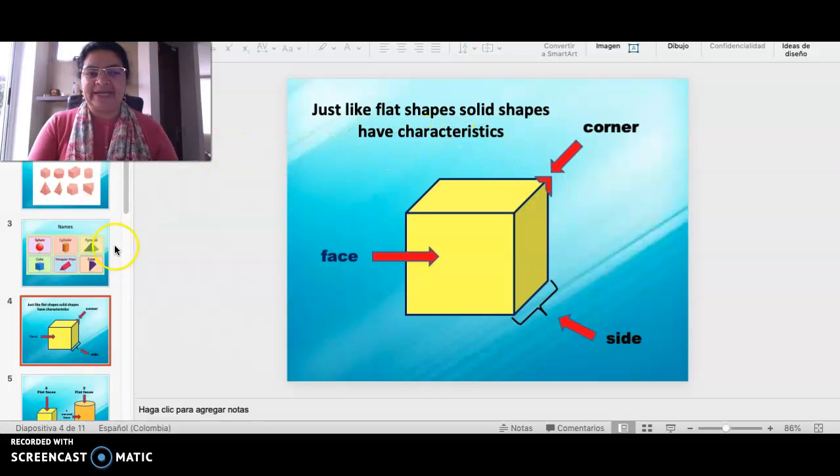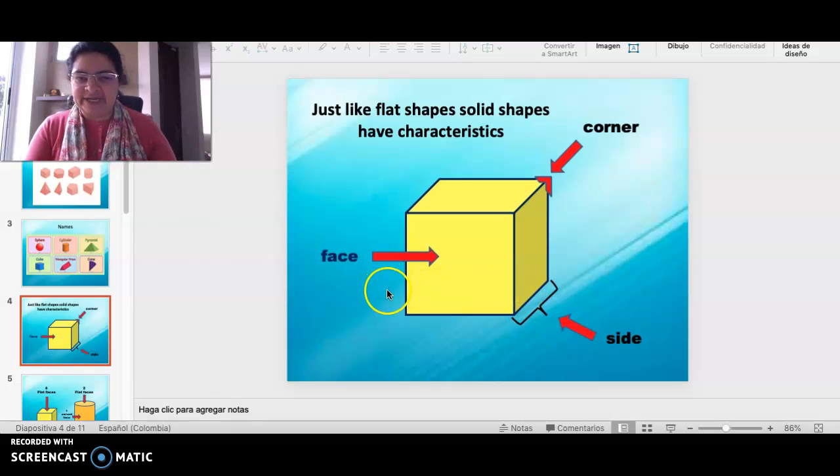Now, let's see what happened. How many faces does a cube have? Well, it has 6 faces. And how many sides does it have? Let's count. 1, 2, 3, 4, 5, 6, 7, 8, 9, 10.